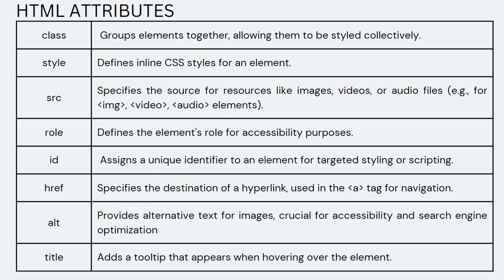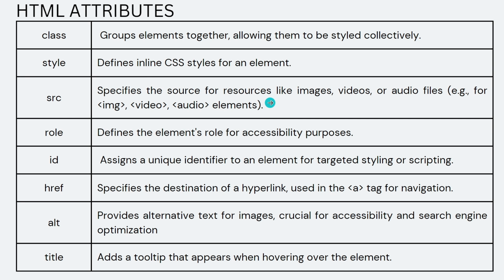Okay, so here the case is the same too. If we want to group the elements together and allow them to be styled collectively, then we can use the class attribute here. Okay, then style defines the CSS styles that we want to apply to the element. SRC is used with tags such as the image tag, video tag, or audio tag.